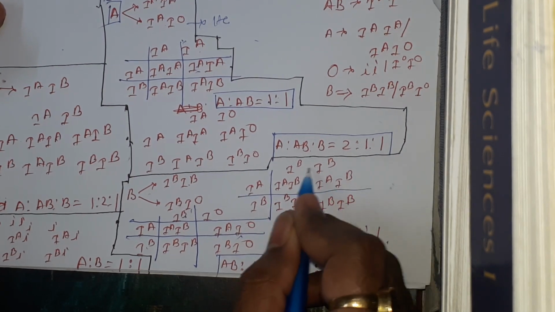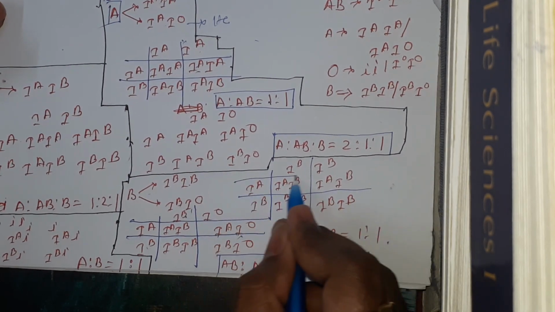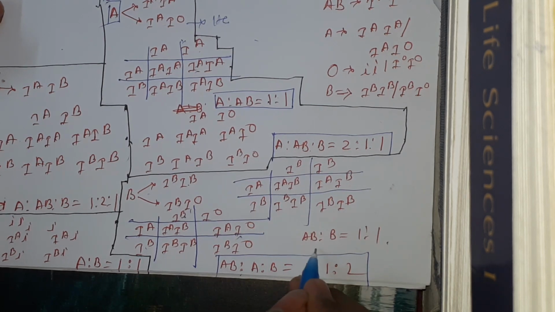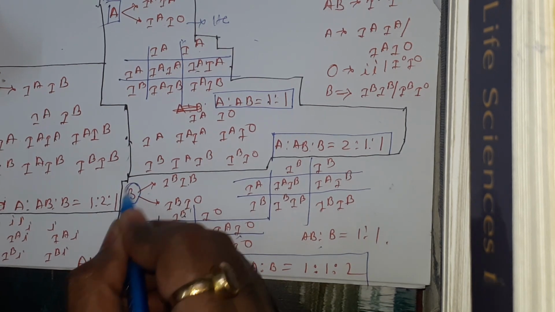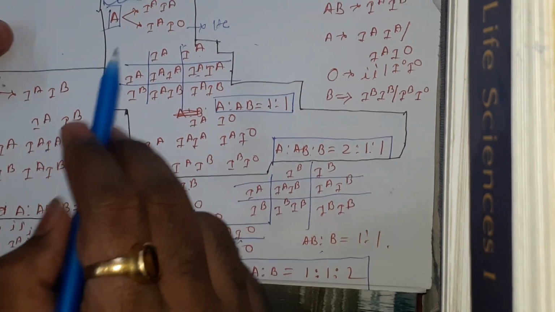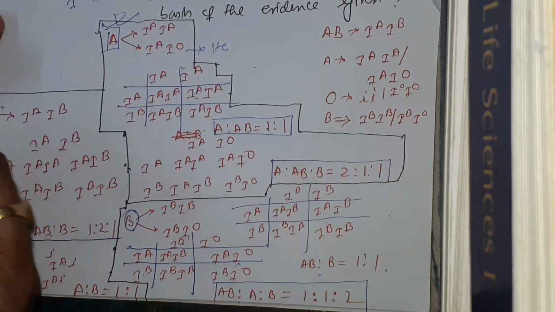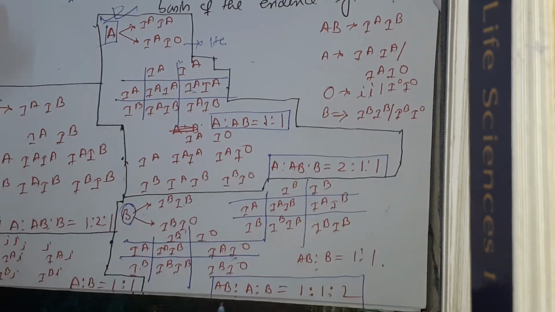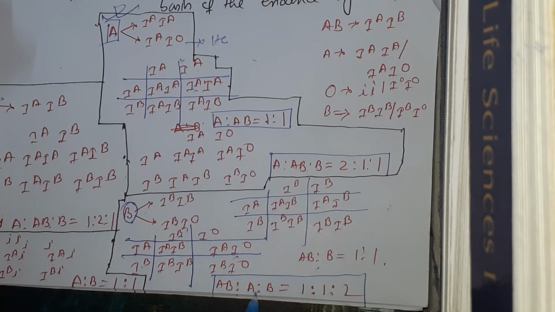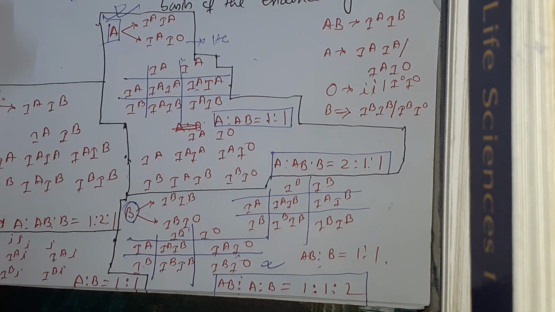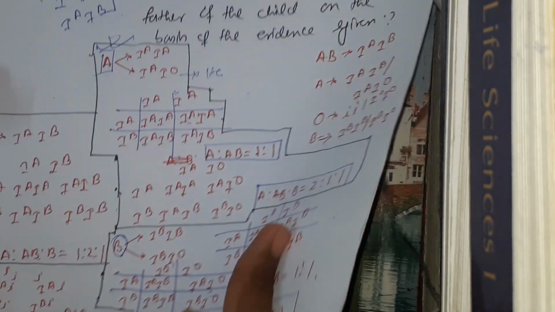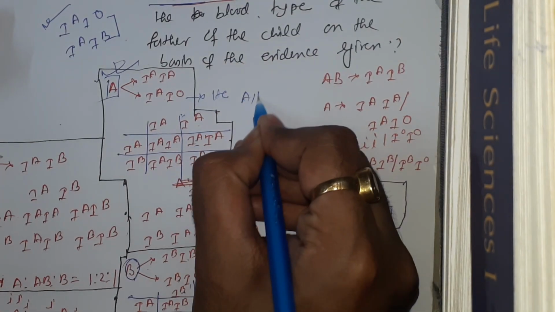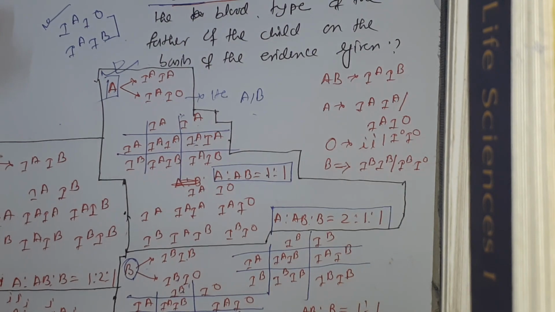And in the other case, we have AB and B. Still, one chance is present that an A blood group progeny will appear, so this is also possible. That means both A and B blood groups are equally possible.